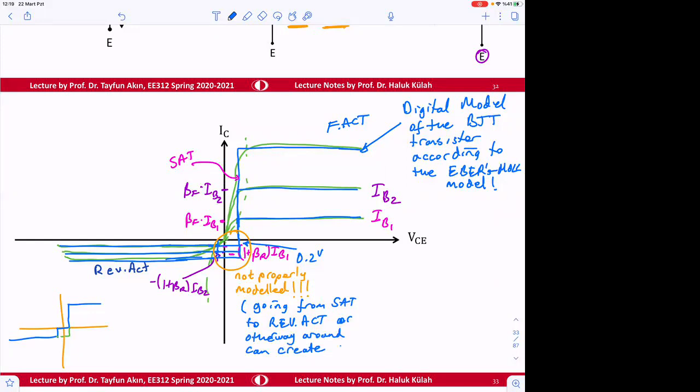Confusion. Okay, but what we will say is that this is due to the confusion, and then we will ignore it.